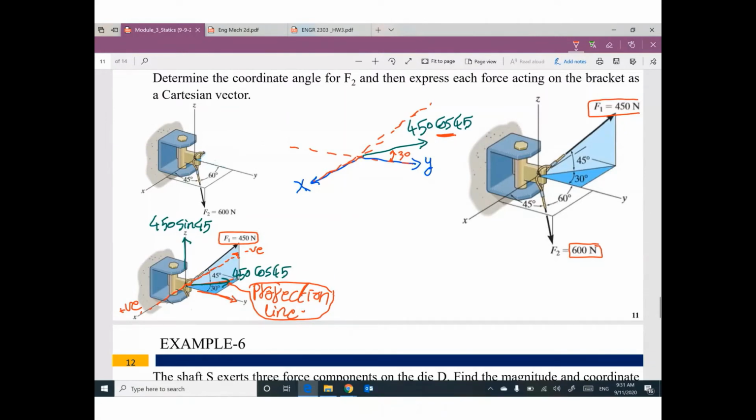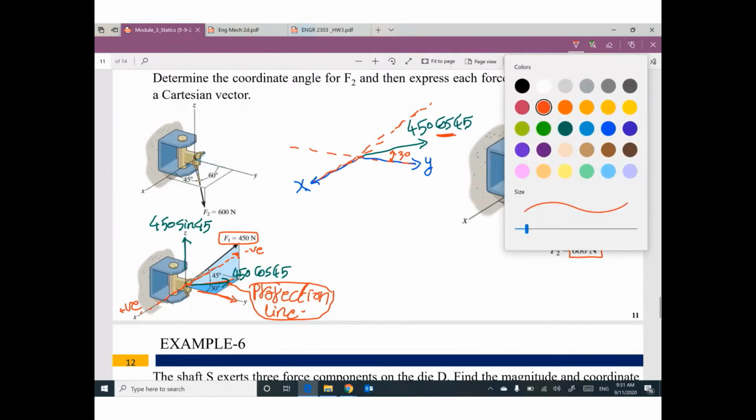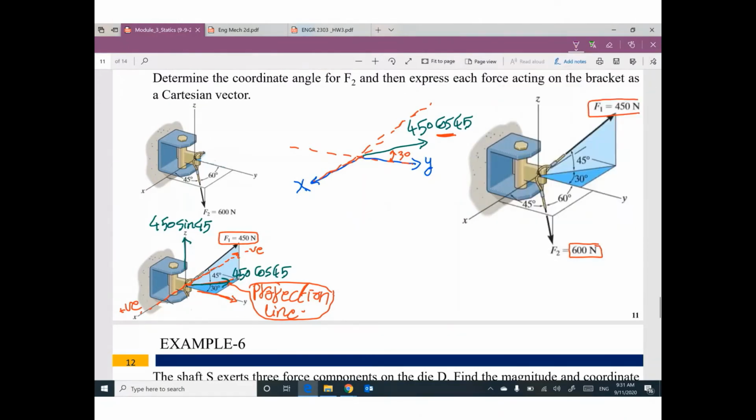I believe that this force will come in this direction like this, 450 cosine 45 degree, which is the value, cosine 30, and will come in this direction, how much? 450 cosine 45 degree, which is the value, sine 30.